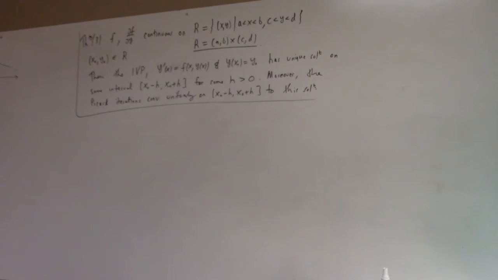All right, so what we have to do is produce an operator which is a contraction, so we can use the Banach fixed point theorem to get this wonderful basic theorem of differential equations. So let's see here. What does he do?